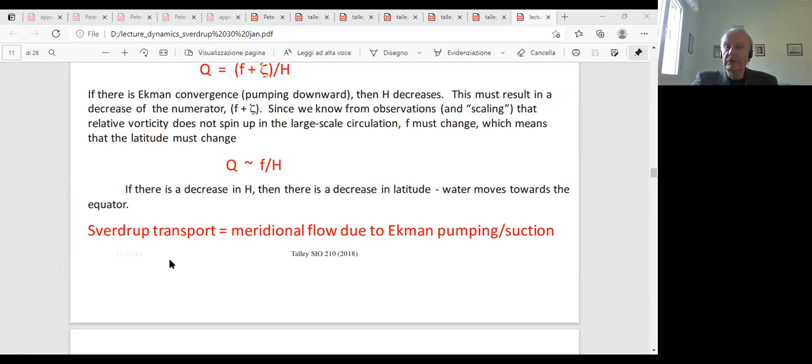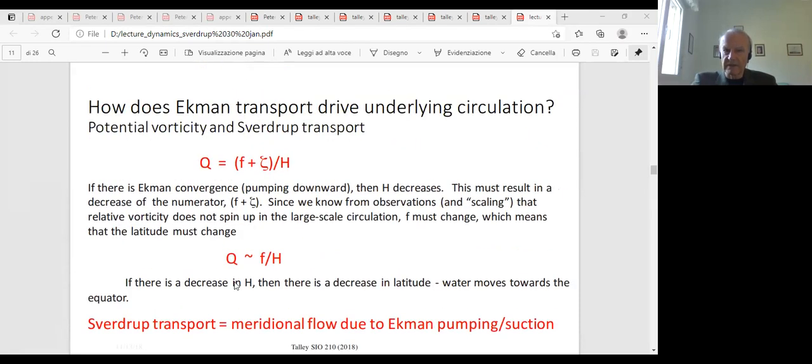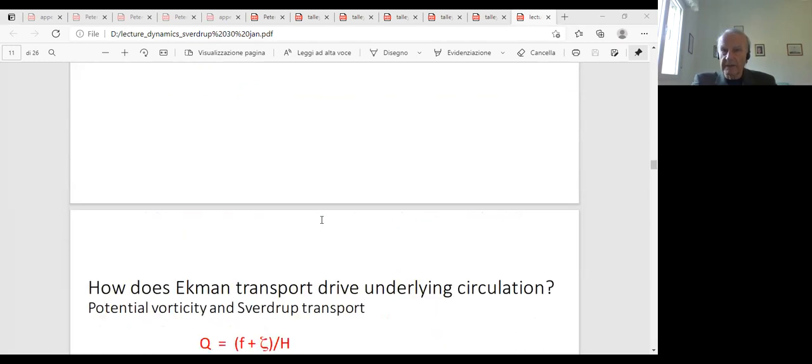The transport due to the input of the Ekman pumping or suction into the water column, and compensative transport northward or southward in order to compensate for these differences. And this is how the Ekman transport drives the underlying circulation by potential vorticity conservation.